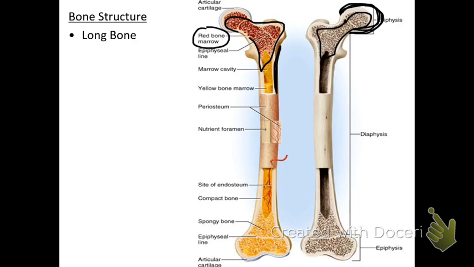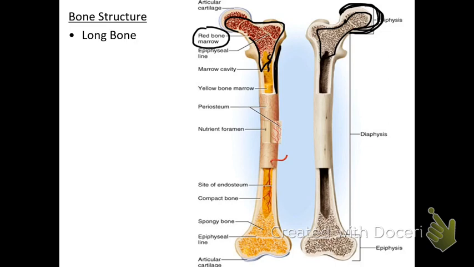You'll only find red bone marrow in the proximal region of the femur and of the humerus. You'll also find it in flat bones, primarily. So we'll go over that more in lecture. So in an adult, you have red bone marrow, primarily just at the proximal end of the femur and the humerus, shown here in the femur.